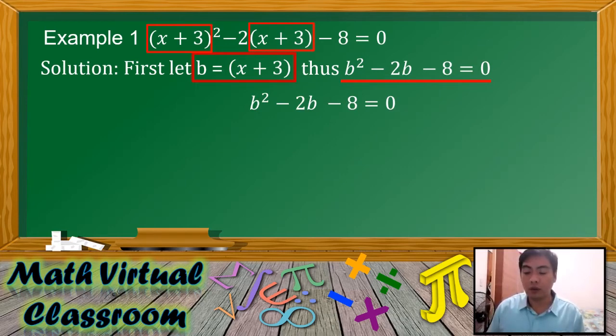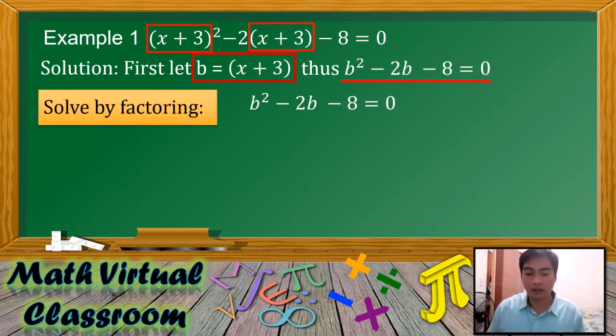How are we going to solve it? We solve it by factoring. So remember that in factoring, we consider the value of a and c. But since in this equation, a is equal to 1, therefore its factors are 1 and 1. So let us just consider the value of c, which is negative 8. What are the factors of negative 8 that will give you negative 2 when added?